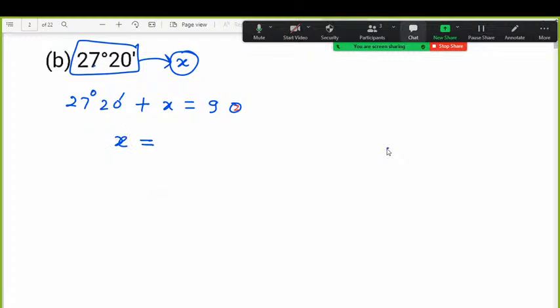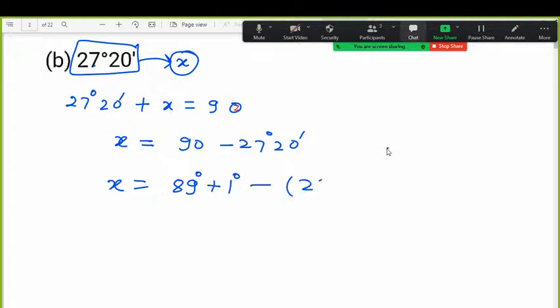Now x should be 90 minus 27 degrees and 20 minutes. What I'm doing here is writing 89 degrees plus 1 degree, minus 27 degrees and 20 minutes. Is it clear to you what I have done here?